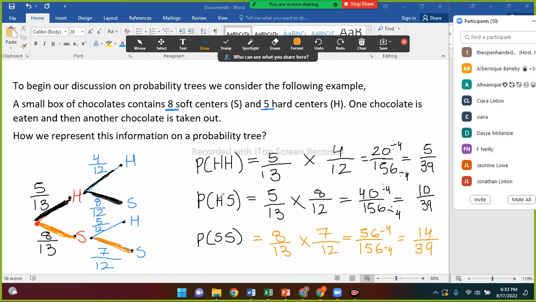Then for a hard centered chocolate and a soft centered chocolate, it's going to be 5/13 times 8/12. And for soft centered and soft centered, it's going to be 8/13 times 7/12. And that's how we read it and understand it.